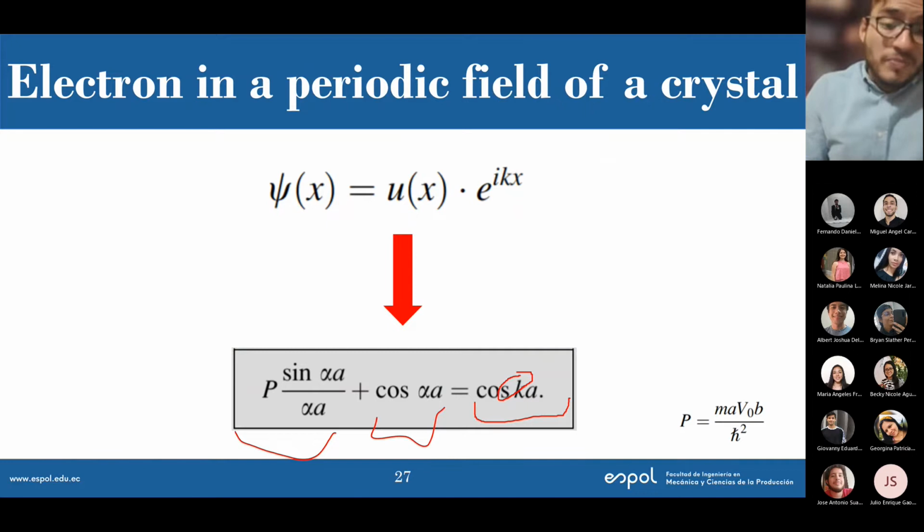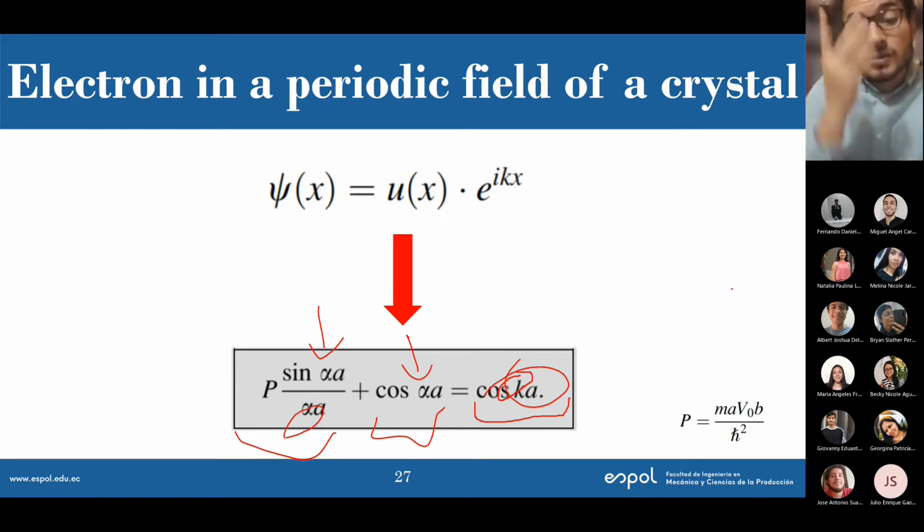But there will be certain restrictions because I have a sine of alpha here. I have a cos of alpha here. This is obviously divided by alpha. And that must be equal to the cosine of the wave vector times the lattice constant. So I could solve for alpha here and then try to see any restriction.